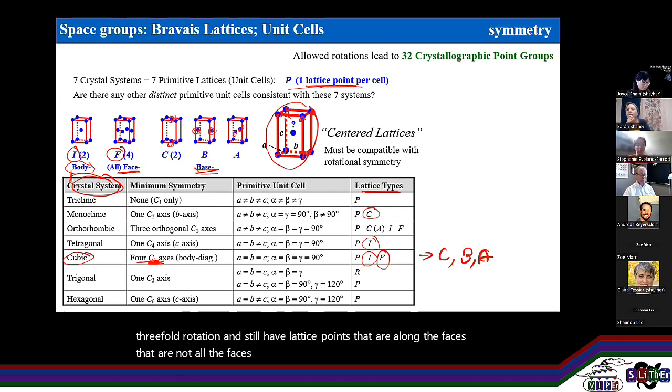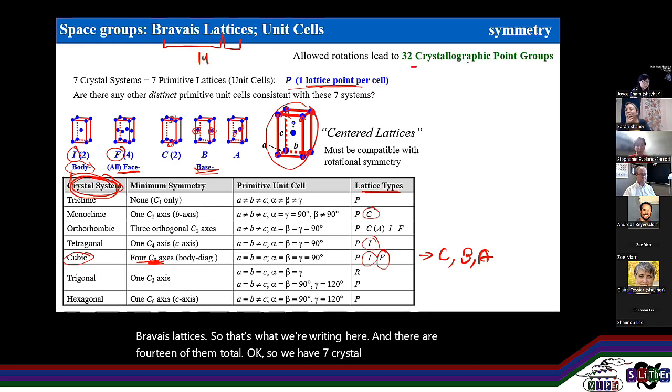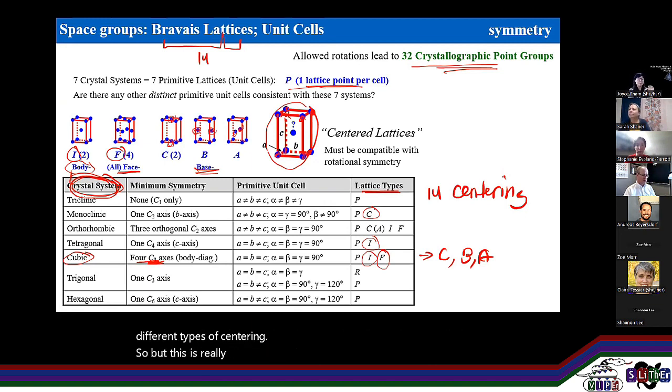And so these combined form what are called Bravais lattices. That's what we're writing here, and there are 14 of them total. So we have 7 crystal systems, 32 crystallographic point groups, and based on centering, there are 14 different types of lattices. But this is really moving on from just the point groups and the symmetry elements we talked about, all the way to 3 dimensions.